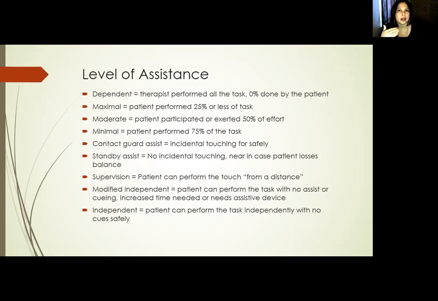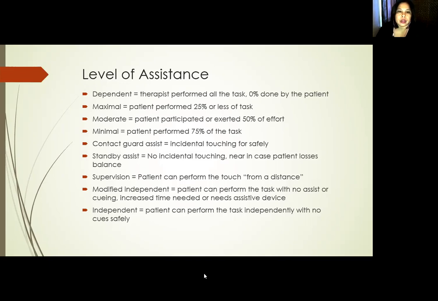Just like a younger adult or middle-aged adult who can perform any task without any assistive device. And there are some older people who are active and very engaged in physical activity that actually don't need extra time or assistive device to complete a task, and you can document that as independent.